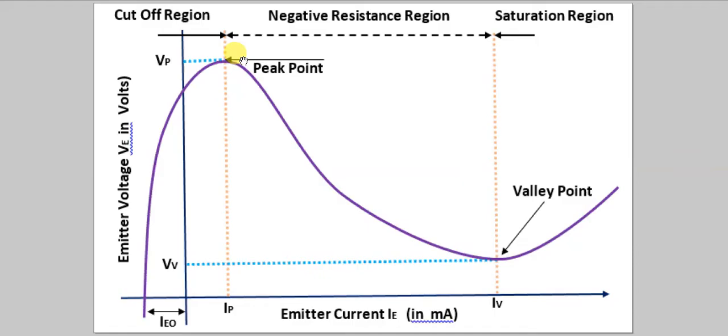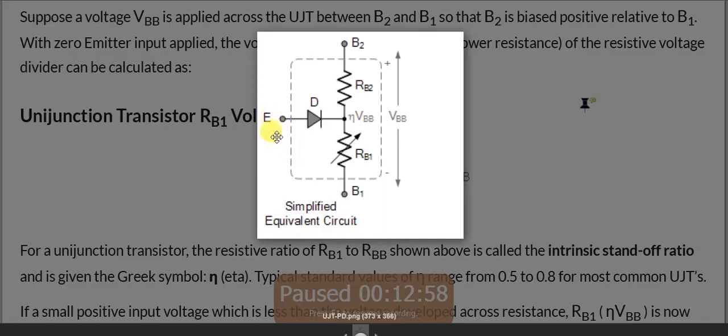Let me show you. When the voltage is greater than this RB1, the region between the diode junction and B1 undergoes a drastic breakdown. So the charge carriers flow with a negative coefficient of resistance, and a very large amount of current flows in this region after the peak value is reached.